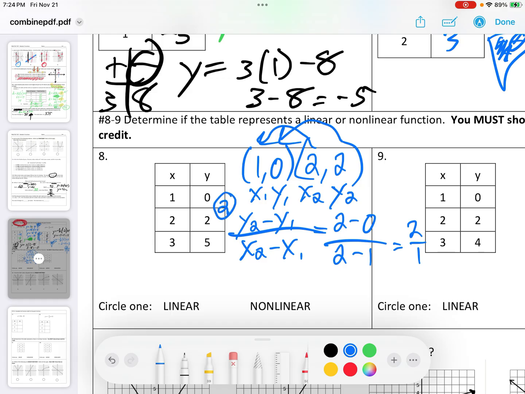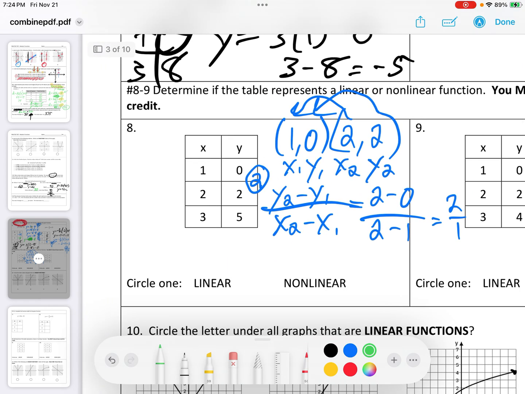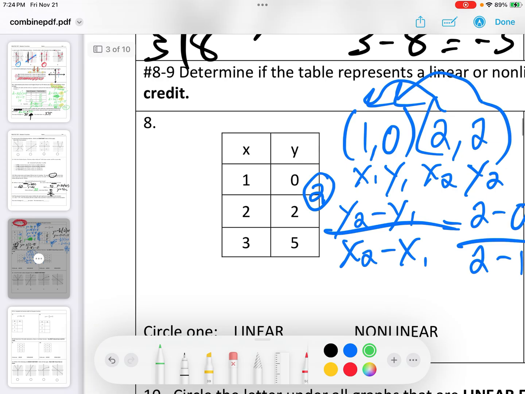Now I need to do the other 2 points, and I have a feeling it's going to be different. 2 comma 2 here, and then 3 comma 5. Actually, let me write it over here. 2 comma 2, 3 comma 5, x1, y1, x2, y2.